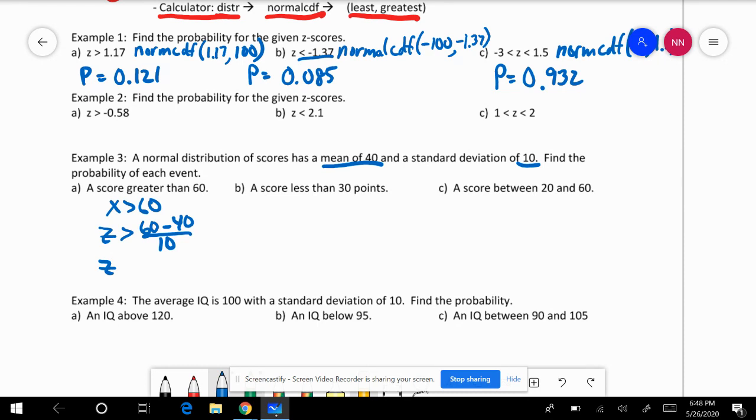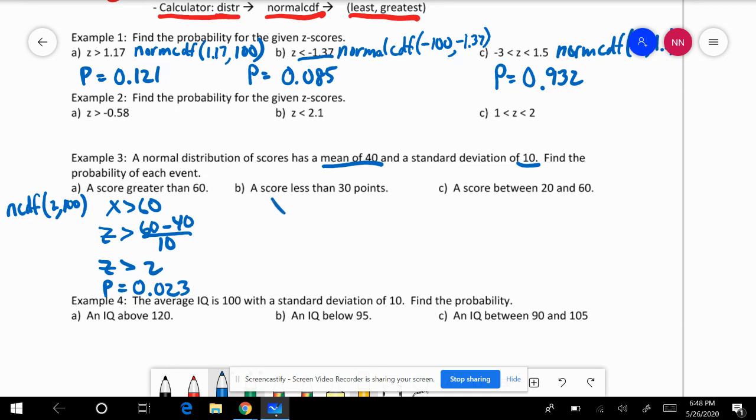We subtract, and what we get is 2. So we're going to put it in our calculator. We're going to go normal CDF. We're going to go 2, comma, a large number. And that gives us a probability or an area of 0.023.